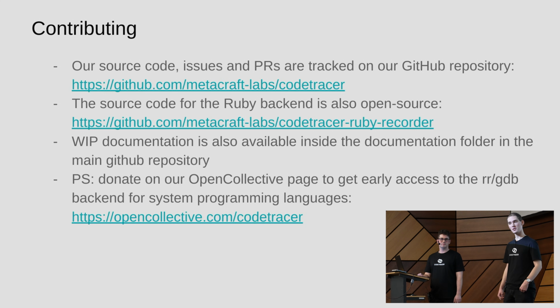As a side note, we also have an Open Collective, and people who donate to the Open Collective can get early access to the RR GDB backend. So for those of you who are multilingual and want to access those system languages before they're actually released, you can maybe donate.